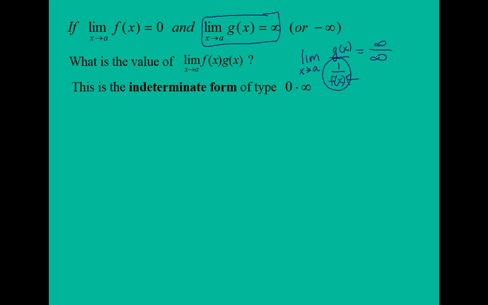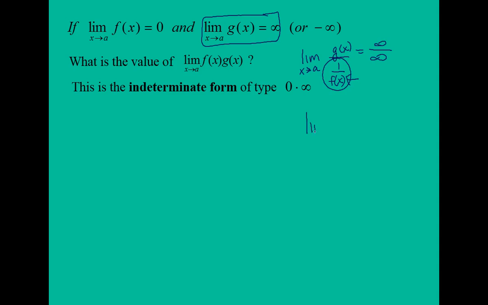Now we could apply L'Hopital's rule. And it doesn't matter if I take f of x divided by 1 divided by g of x, or leave g of x in the numerator and then take 1 divided by f of x to the denominator. But you can see we would either get infinity over infinity, or if we did it the other way, we would get 0 over 0.